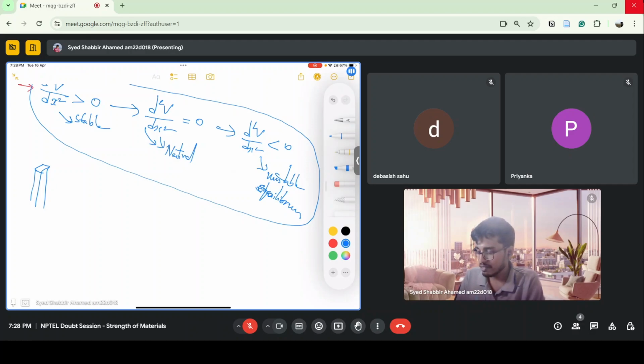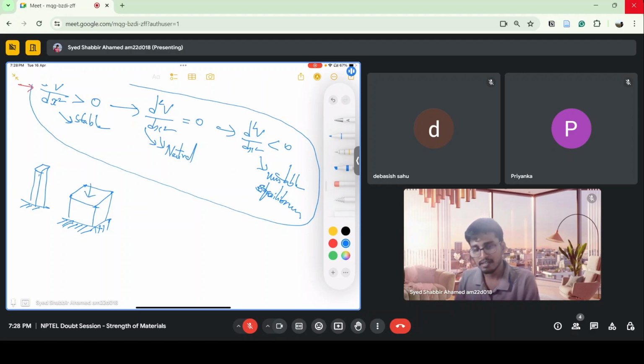If the cross section dimensions of the column are comparable to the length of the column, then we don't see buckling. Only in long and slender columns like this, where length is high but the cross section dimensions are small, we can see buckling.